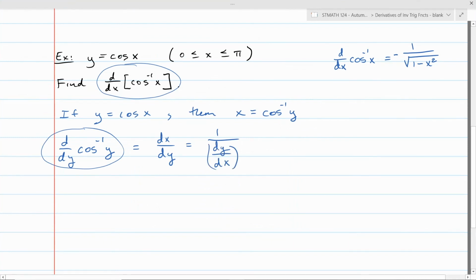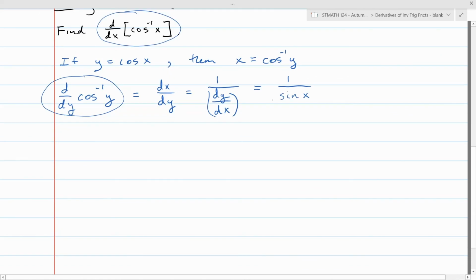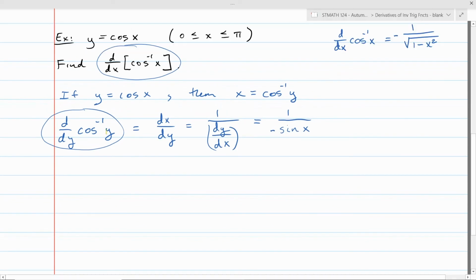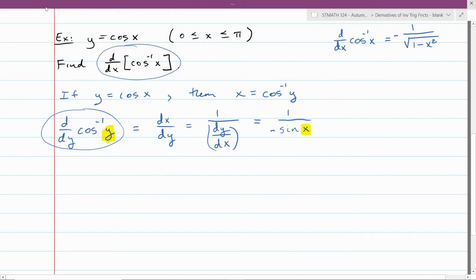And y is cosine of x, so this is 1 over the derivative of cosine of x, which is negative sine of x. So I get 1 over negative sine x. But again, I've got this issue where the variables are mismatched. I've got a y here, but I've got an x here. So I have to convert the variable back to y.